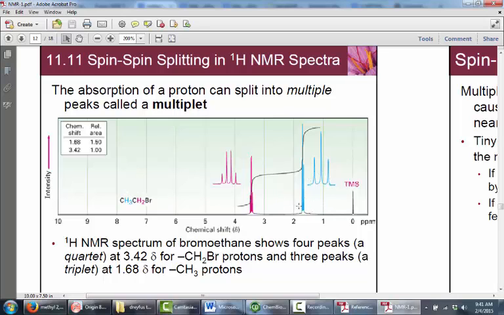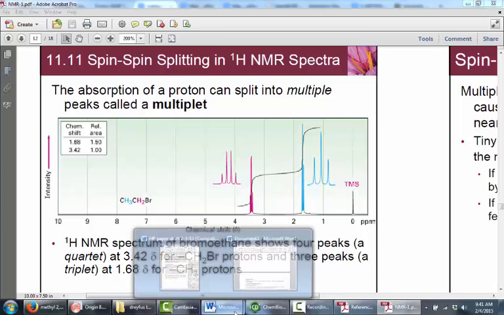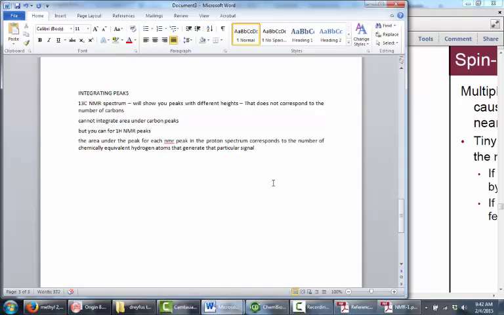So I see a cluster of peaks at 1.68 ppm and a cluster of peaks at 3.42 ppm, and these can be integrated. The blue peaks are integrated to 3 and the pink peaks are integrated to 2. So again I get the chemical shift, that's one piece of information, integration is a second piece of information, and now the splitting is going to give me even more information.